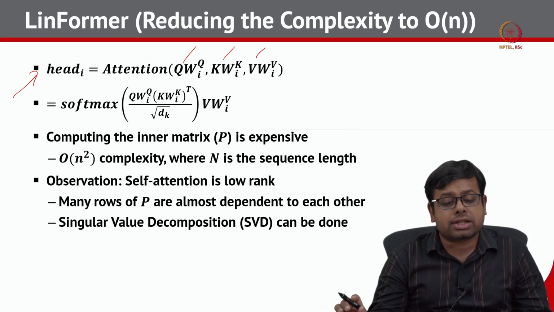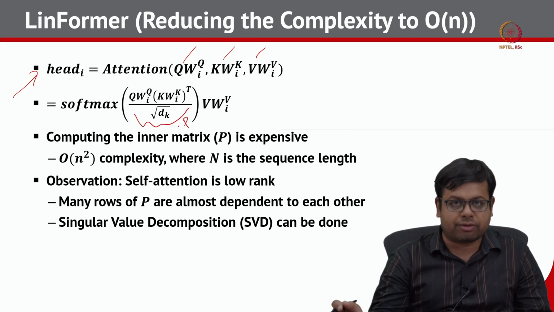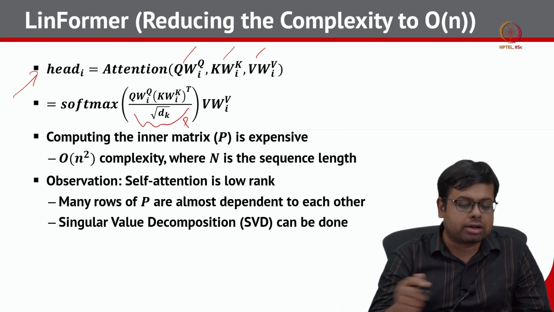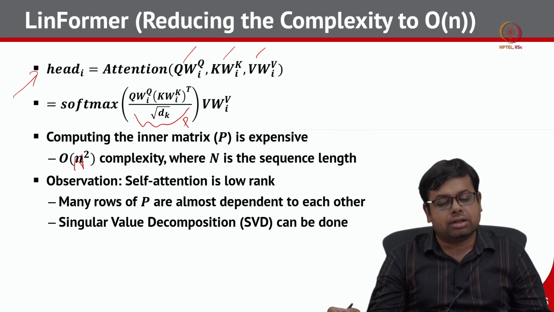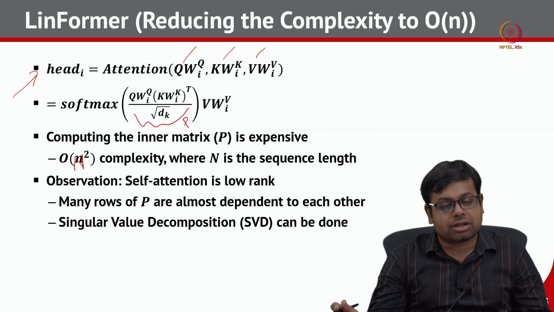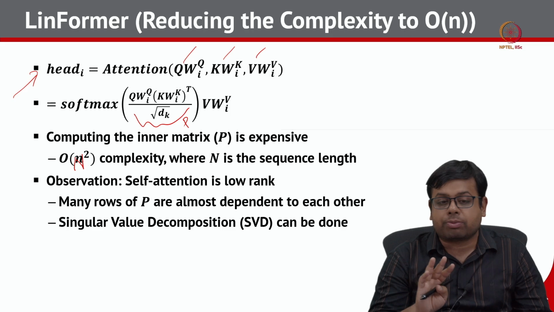Now computing this inner matrix P is expensive, and if you look closely, it is of complexity order n squared. By the way, Linformer is a paper, you should go and check it.